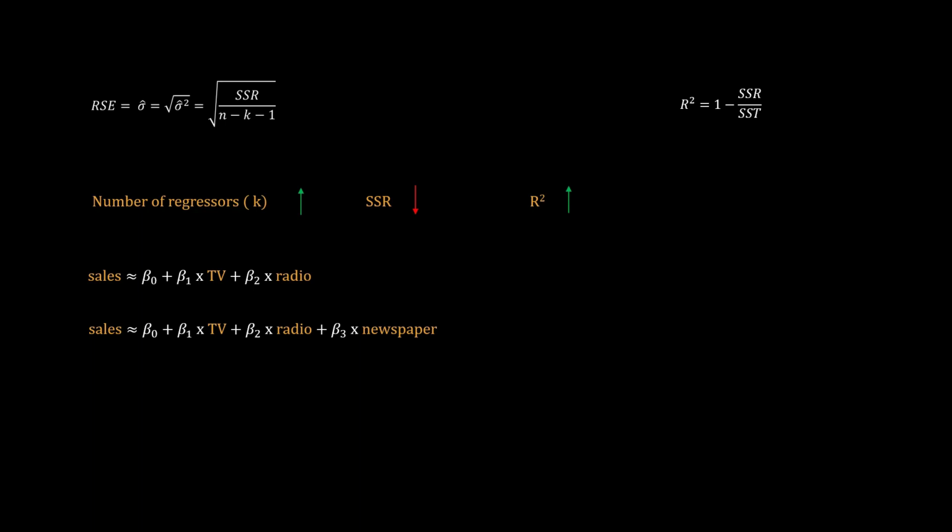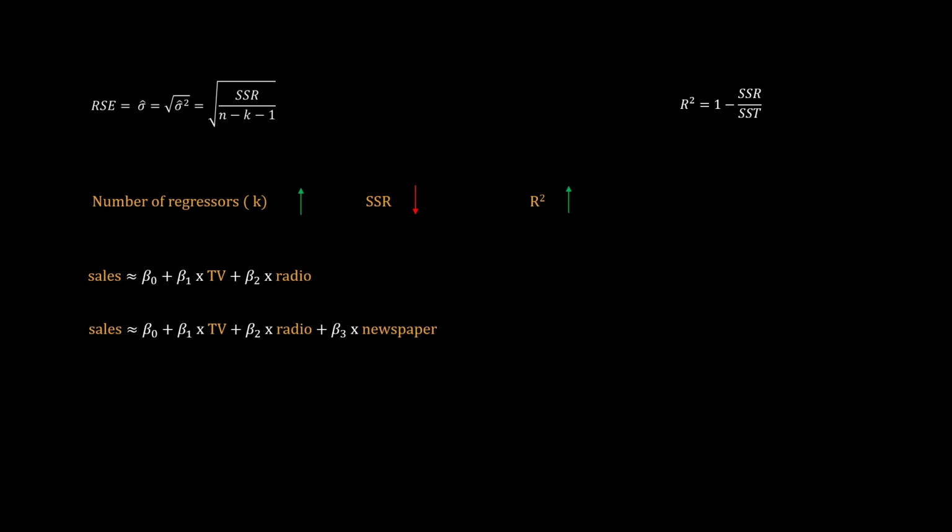But if we look at RSE, if the number of regressors, which is k, increases, then SSR, which is in the numerator, will fall, but the denominator will also fall because k increases. The denominator naturally penalizes addition of more variables.